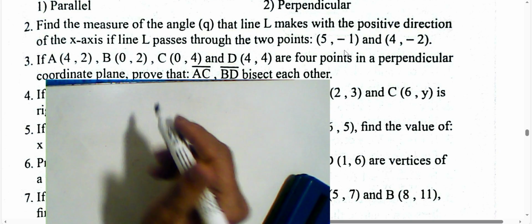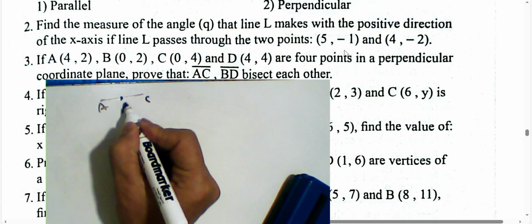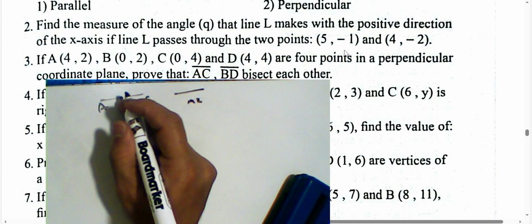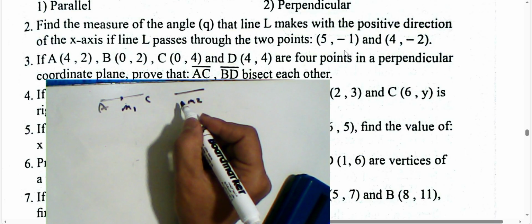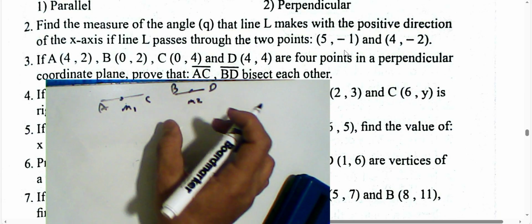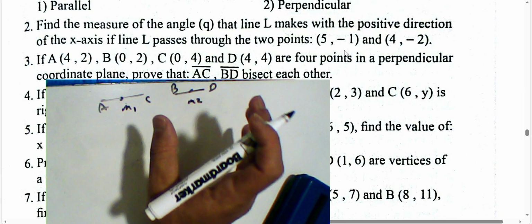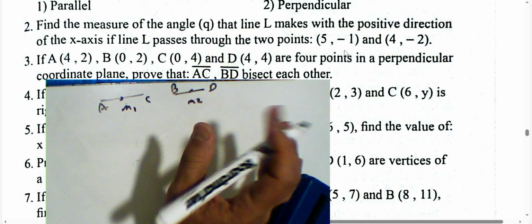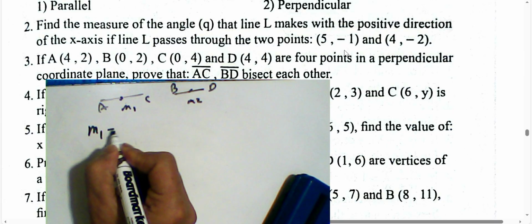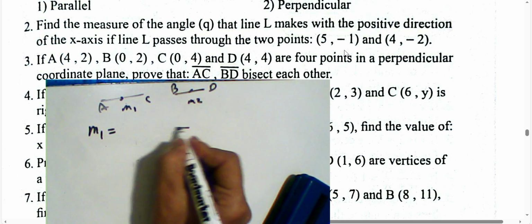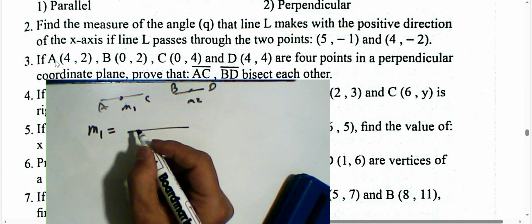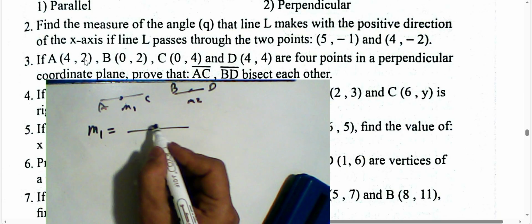Put M1 as the midpoint between A and C, and put M2 between B and D. If M1 is equivalent to M2, then AC and BD bisect each other. So we can find first M1, the midpoint between A and C. Look at here with me. Okay, 4. Look at here, C and A. 4 plus 2, 6.